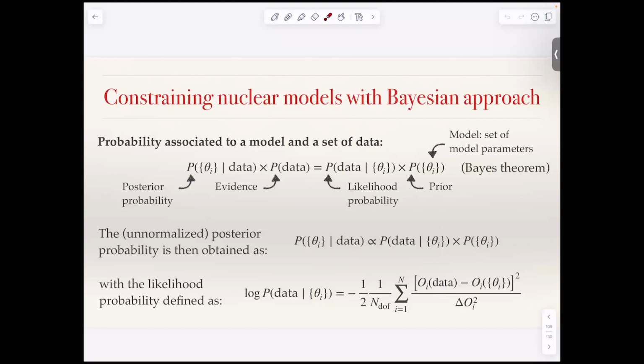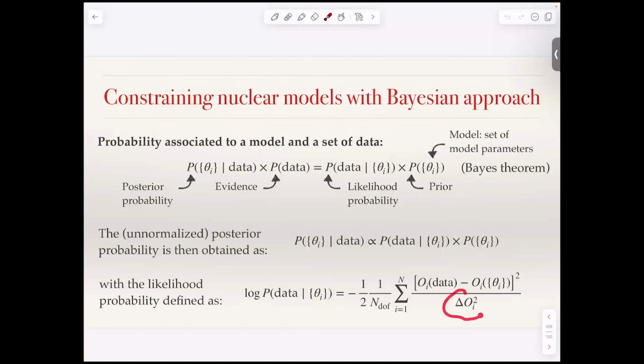This is the difference between your data and your model prediction, squared, divided by the uncertainty, and you sum over all the data that you have. For all the data for which your model is able to predict something, you can generate a kind of chi-square which evaluates the distance between the data and the model.